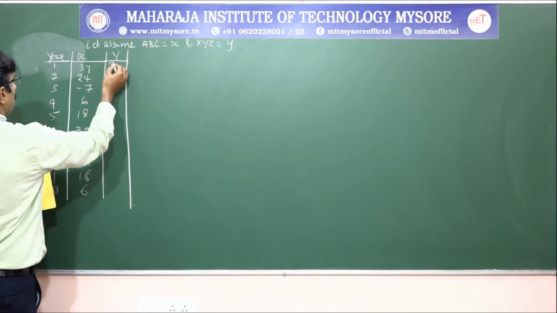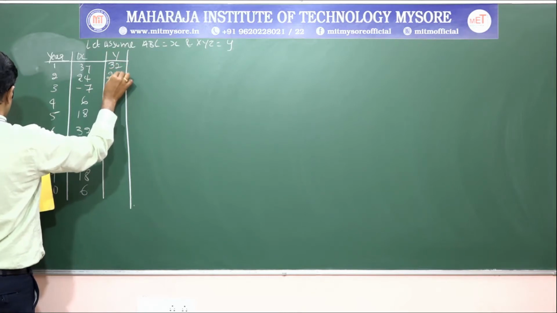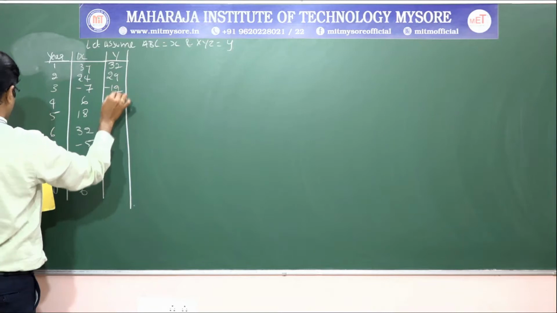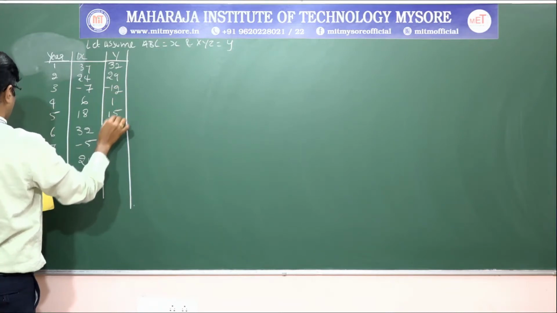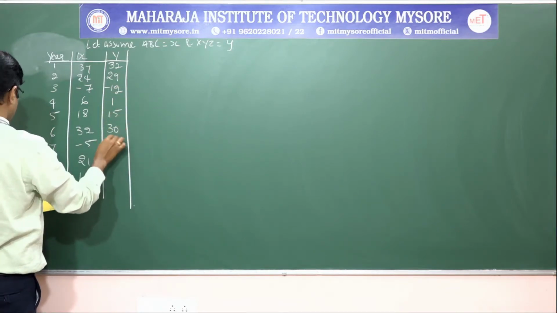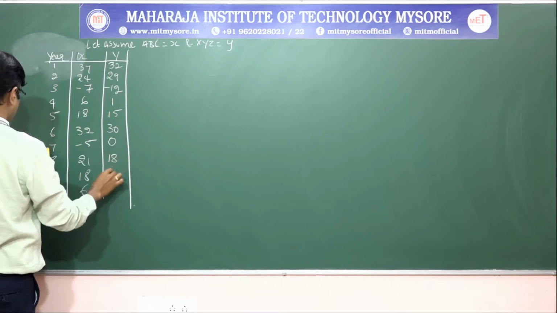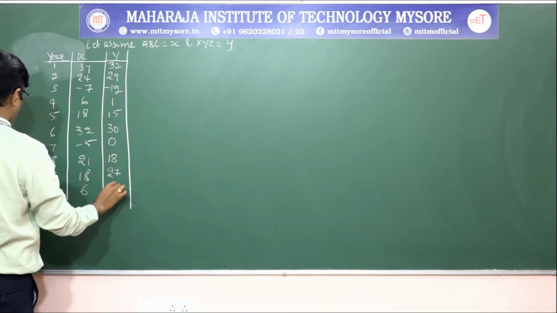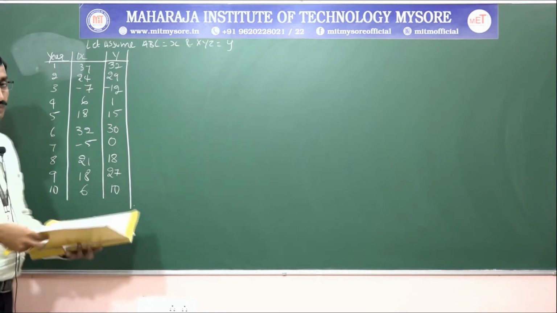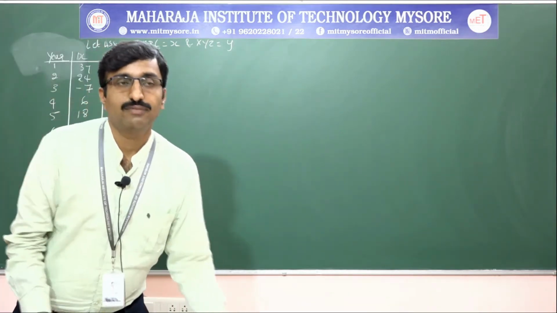Then XYZ, that is Y: 32, 29, -12, 1, 15, 30, 0, 18, 27 and 10. This is the value they have given.